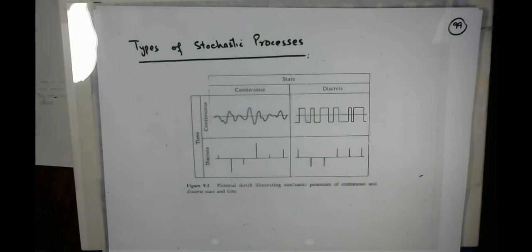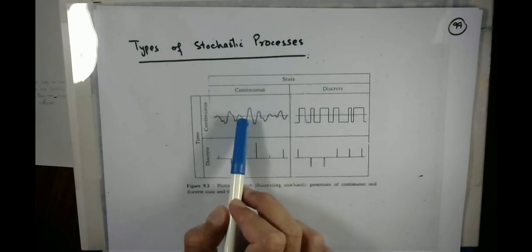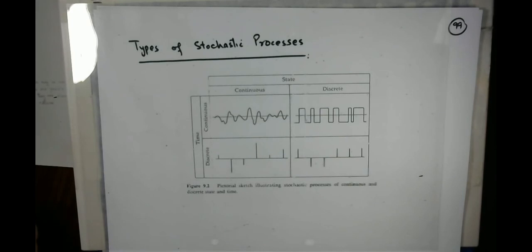So these are the four types of stochastic processes. But can we think of some examples of these processes? For example, I pick this one, where the time is continuous and the state of the process is continuous. Can you think of an example of such a process? Let me give you an example: the maximum temperature at a place in the interval, say, 0 to t.